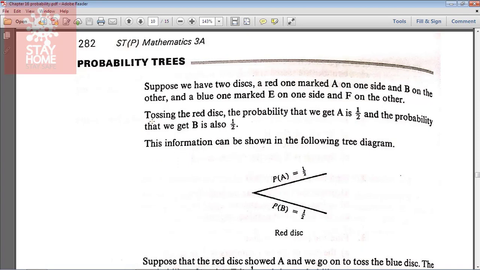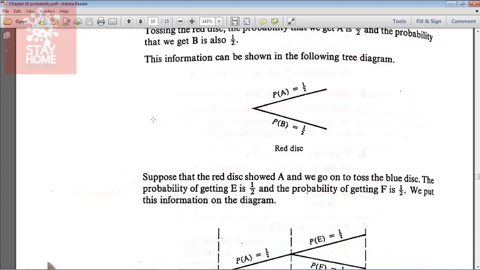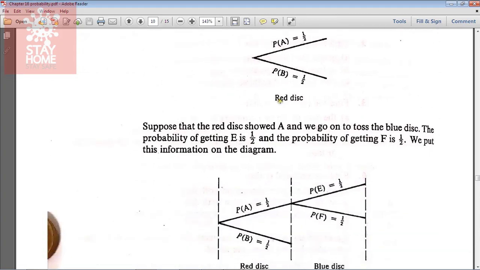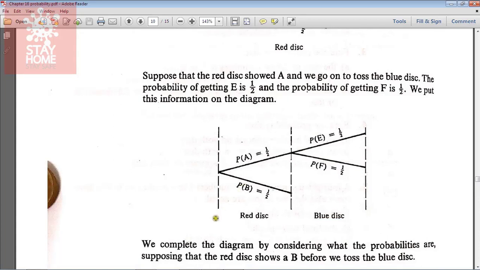And if you have another blue disc, the probability of E and F will be 1/2 and 1/2. So you can check here, red disc, probability 1/2, probability 1/2. Blue disc, probability 1/2, probability 1/2.